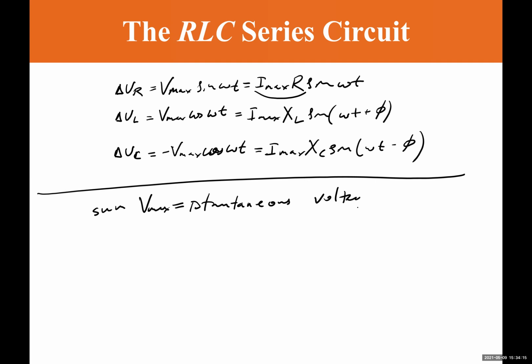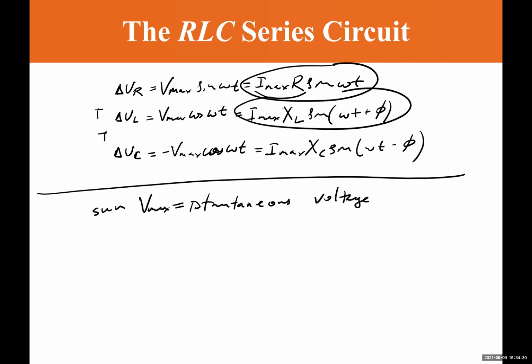But if I want to add them together, I am not going to be able to, because they have different phases. They have a phase difference relative to their current, so we cannot just add them directly. Doing delta VR plus delta VL plus delta VC, we cannot just do that.